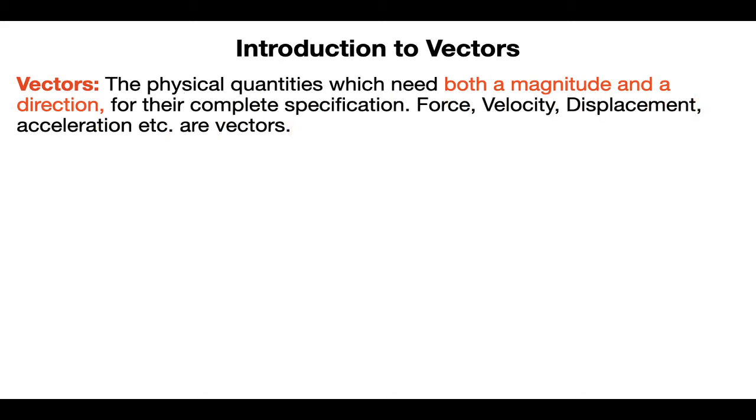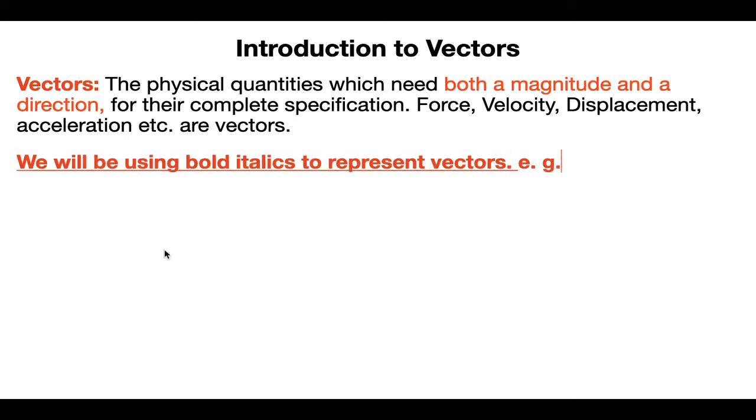Vectors, on the other hand, are physical quantities which need both a magnitude, that is a numerical value, and a direction for their complete specification. Examples of vectors are force, velocity, displacement, acceleration, etc. Symbolically, we will be representing vectors by bold and italicized letters.